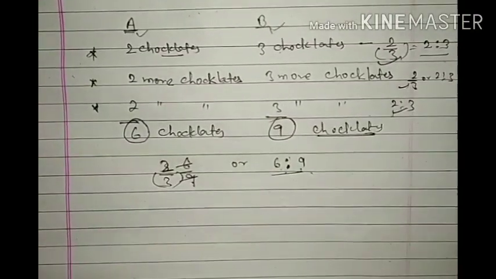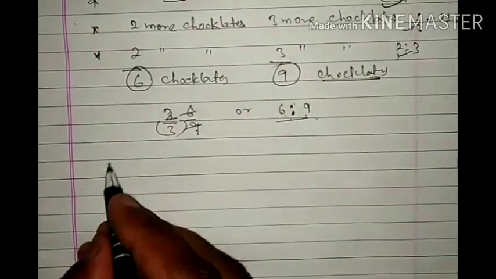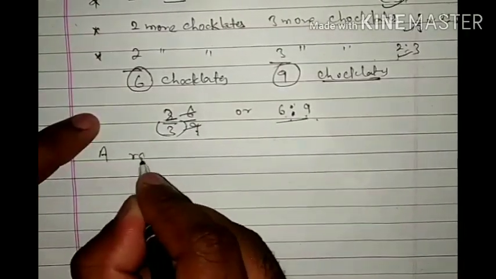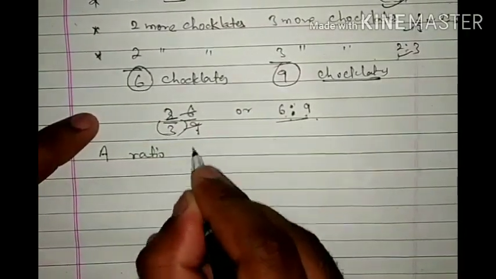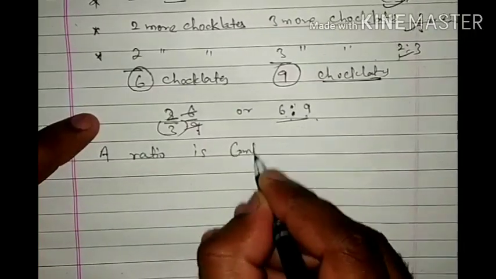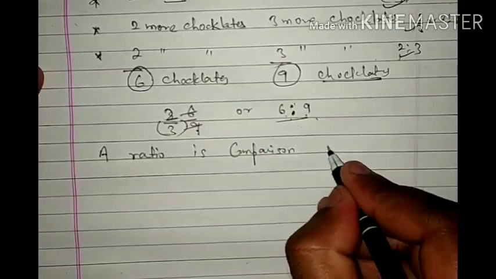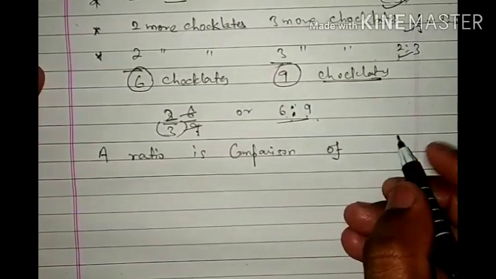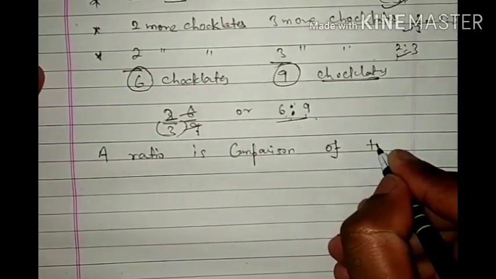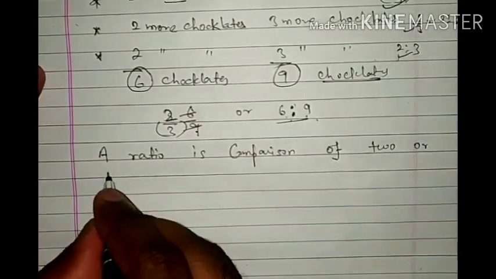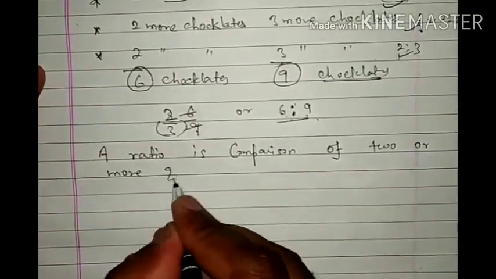So let's move on to what is ratio. A ratio is a comparison of 2 quantities or more than 2 quantities.